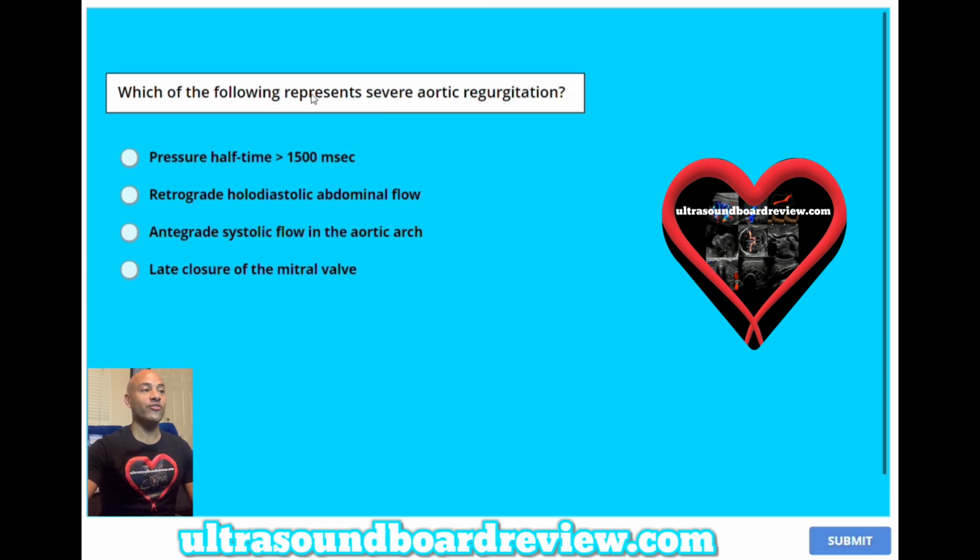Question 134. Which of the following represents severe aortic regurgitation? A, pressure half time greater than 1500 milliseconds. B, retrograde holodiastolic abdominal flow. C, antegrade systolic flow in the aortic arch.